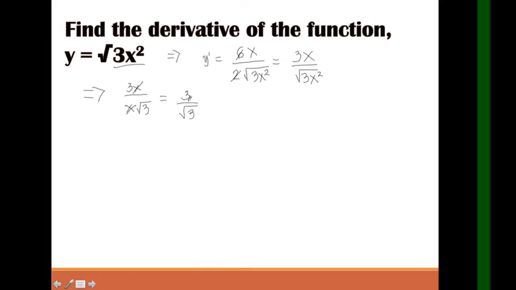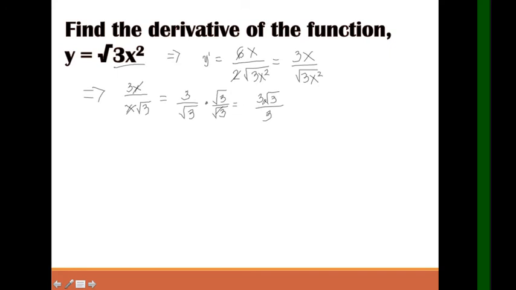So in this portion, we need to rationalize the denominator. As we all know, pag sabing rationalization, we will multiply both sides by the denominator itself, so we have square root of 3. So 3 times square root of 3 is 3 square root of 3. And square root of 3 times square root of 3, that's square root of 9, and square root of 9 is 3.